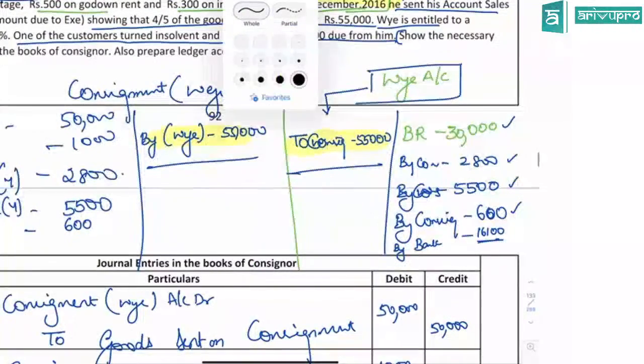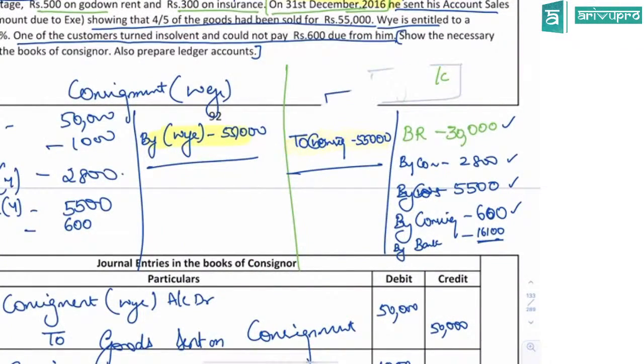Okay. Guys, now everyone, let's try comparing this consignment account with my trading account.